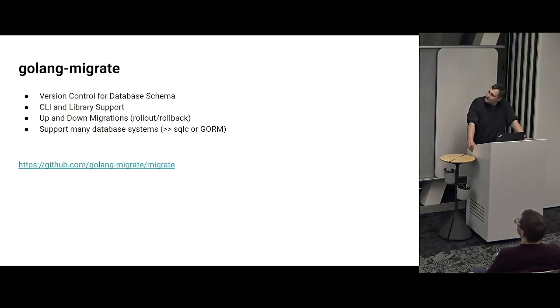And the database support is much wider than either SQLc or GORM. It's like threefold, I think, the database endpoints. I have a link to the GitHub page, so when you receive the slides, you will see it.